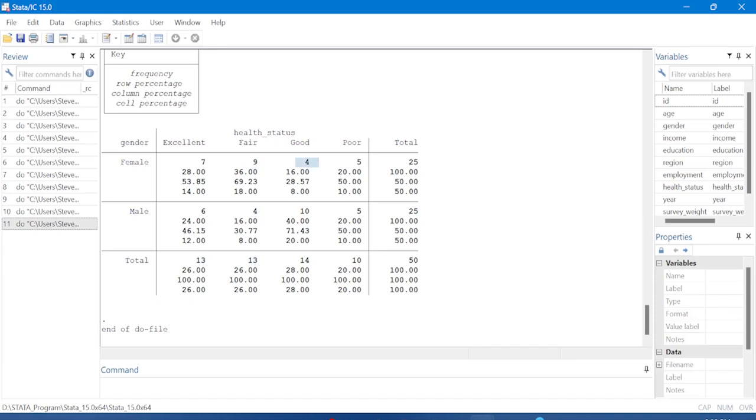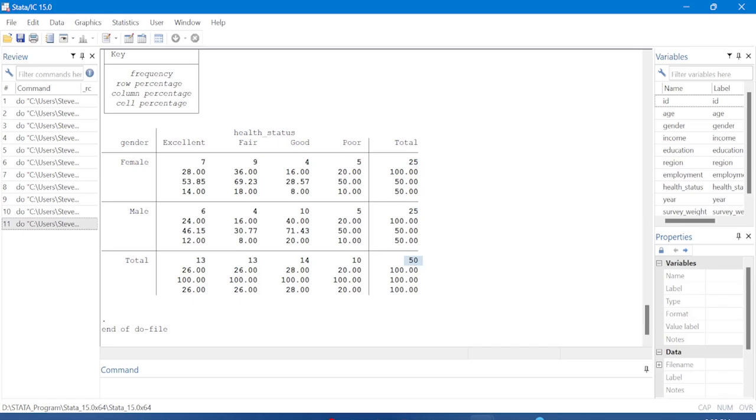4 plus 10 we get 14, and 5 with 5 we get 10, and finally 25 plus 25 we get 50. So meaning that the total sample size was 50.